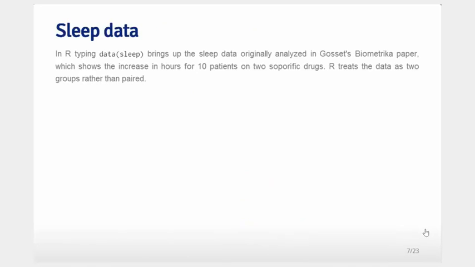In R, typing data(sleep) brings up the sleep data that was originally analyzed in Gosset's Biometrika paper. This shows the increase in hours slept for patients on 2 sleep medications. R treats the data as 2 groups rather than paired, but here we're going to treat the data as if they were paired.